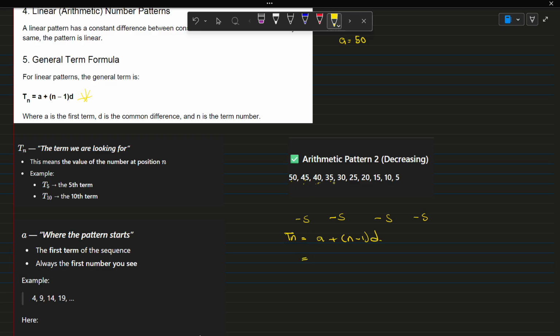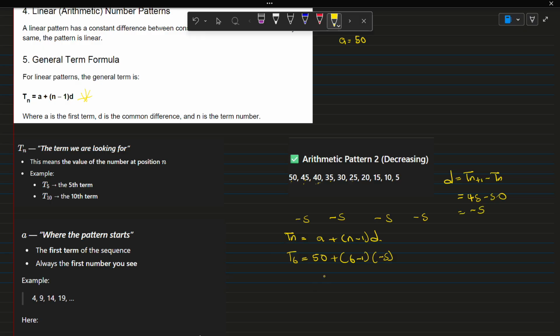Let's say we're looking for term 6. So our n will be 6. A is always the first number, which is 50, plus n minus 1, which is 6 minus 1, times our difference, which is negative 5 in this pattern. To find the difference, you take any term, for example 45 minus 50, which is negative 5.